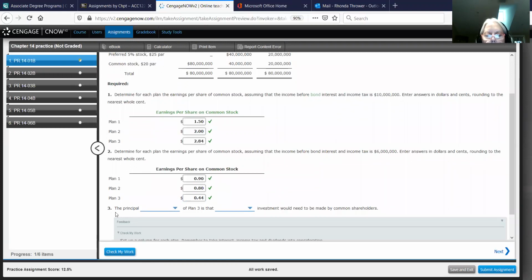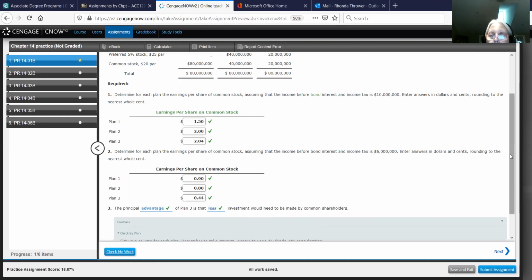In the last part of this problem, they're wanting us to fill in some of the blanks. The principal advantage of plan number 3 is that there would be an investment that would need to be made by common stockholders at less money.